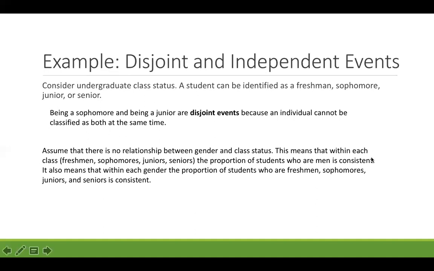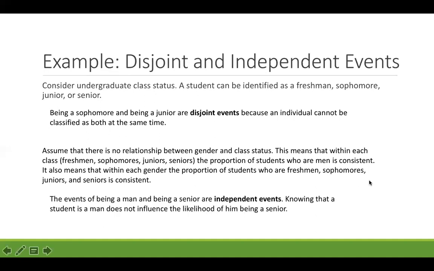So if you're talking in terms of gender and class status, freshman, sophomore, junior, senior, and males and females, if we assume that there's an equal proportion of freshmen, sophomores, juniors, and seniors, and an equal proportion of men and women, we assume that they are independent events because knowing a student is a man does not influence the likelihood that he will be a senior.